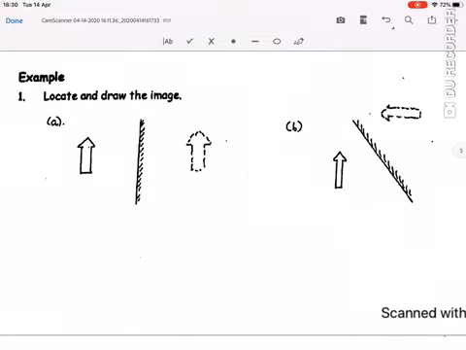It's the same as in your Form 1 mathematics, where you learn about distance from the mirror. So that is the distance. When you draw, please make sure you use your rulers so that you can actually measure the distance. Okay? So compare that to this distance here.